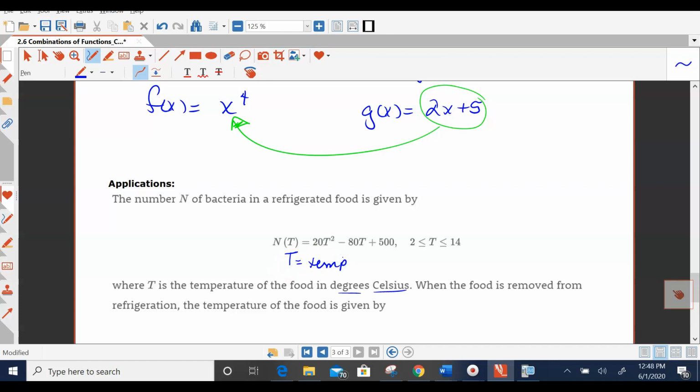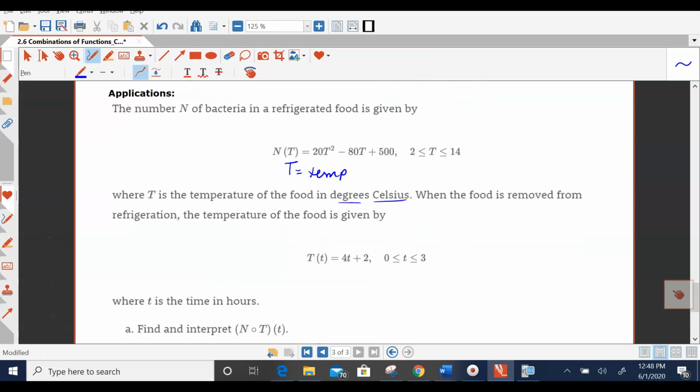Now, when the food is removed from the refrigeration, the temperature of the food is given by this function. Remember, capital T represents temperature, but in this case we have a little t, and it represents time.